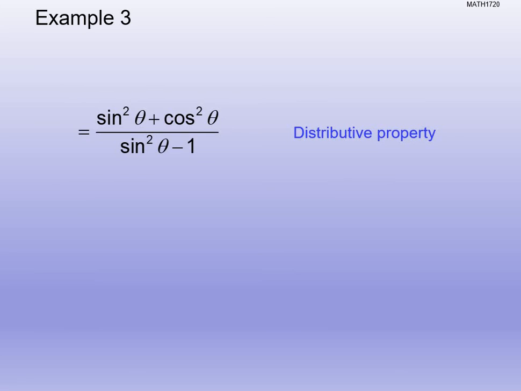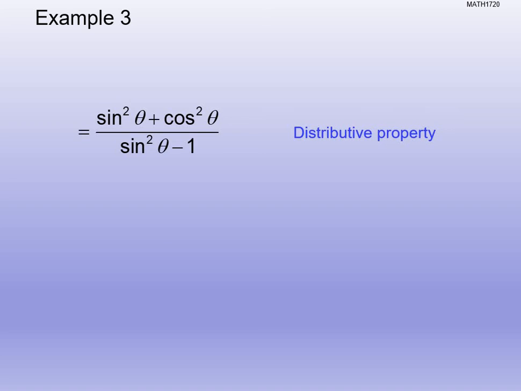Also, if you use the Pythagorean identity, sine squared theta plus cosine squared theta is equal to 1, and you solve it for cosine squared theta, all right, that'll help you eliminate the denominator. If you solve the Pythagorean identity for cosine squared theta, you end up with 1 minus sine squared theta, and then you can just change the sign on it and get negative 1 plus sine squared theta.